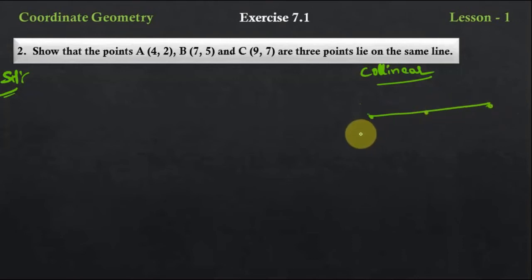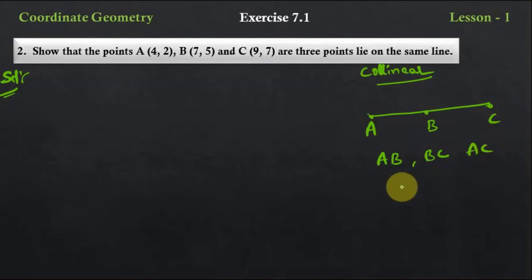So now we should show that these 3 points lie on the line, suppose this is my A, B, C. How can I show that these 3 points are lying on the same line? First we should find AB, the distance between A and B, and then the distance between B and C, and then finally the distance AC.